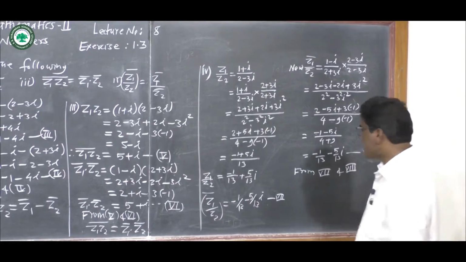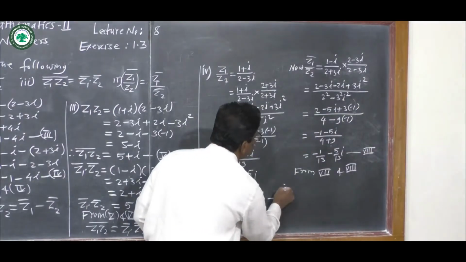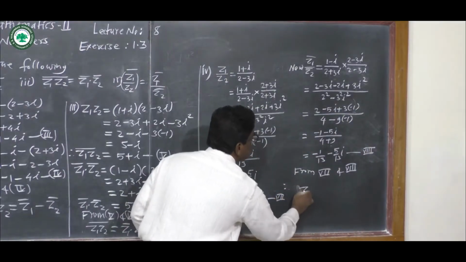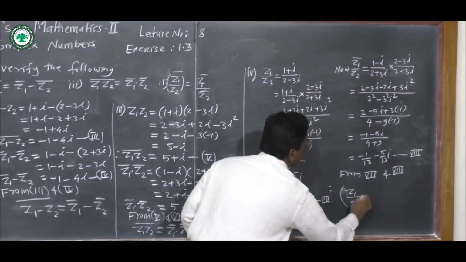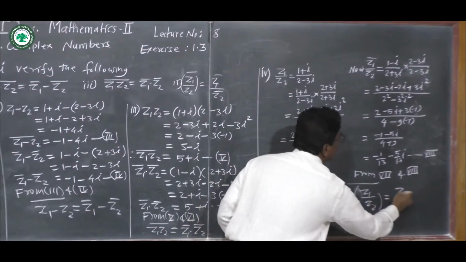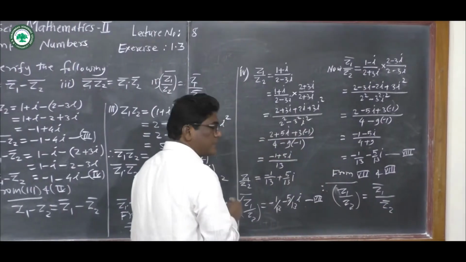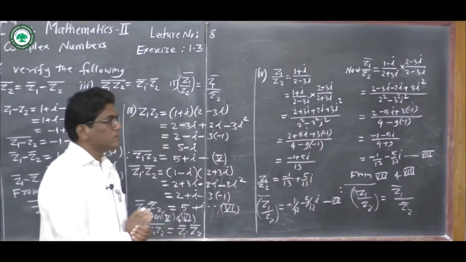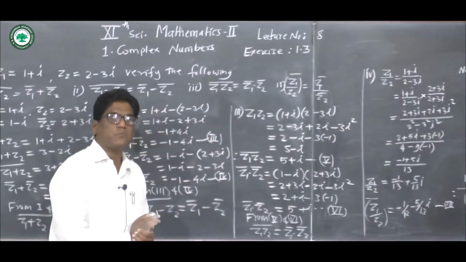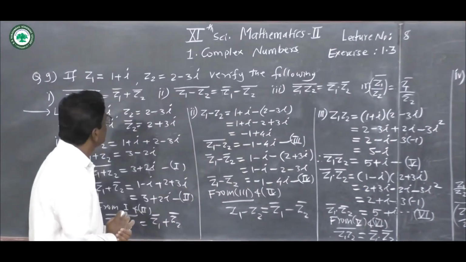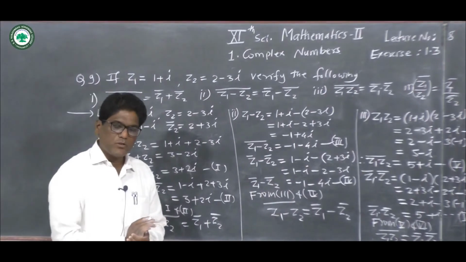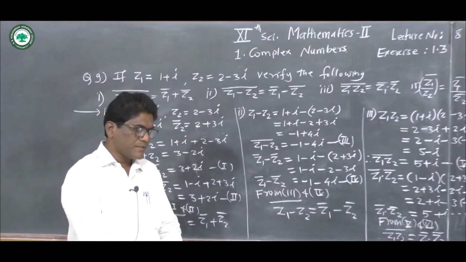So their left sides are same, and therefore we get Z1 upon Z2 bar is equal to Z1 bar divided by Z2 bar. So highlight this solution, copy this solution. This is the complete solution of the 9th problem. So we completed exercise 1.3.